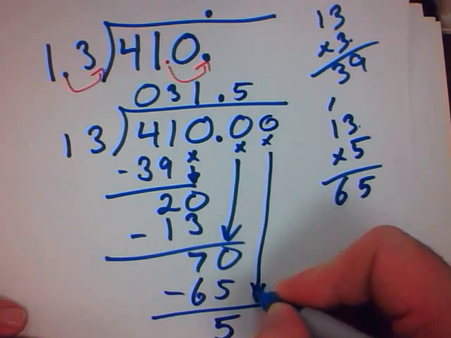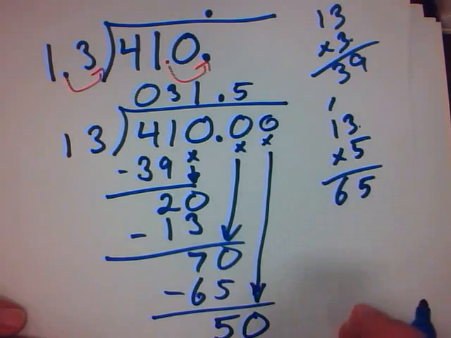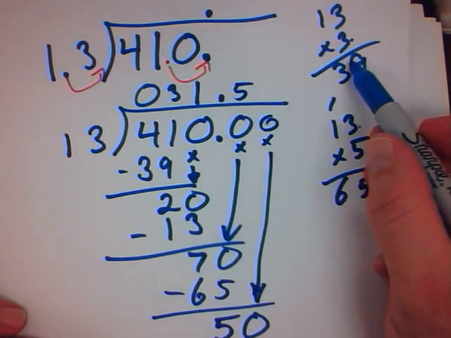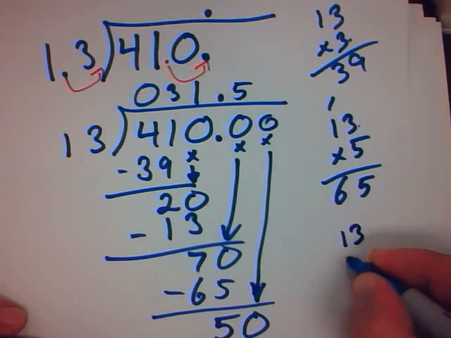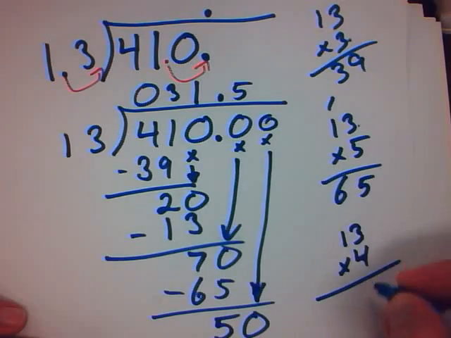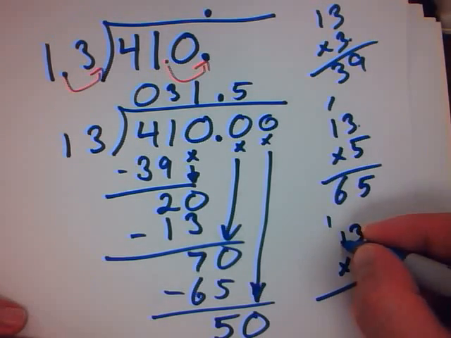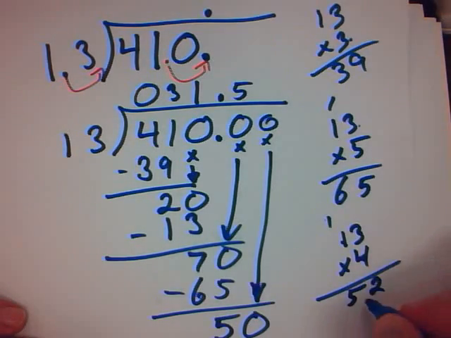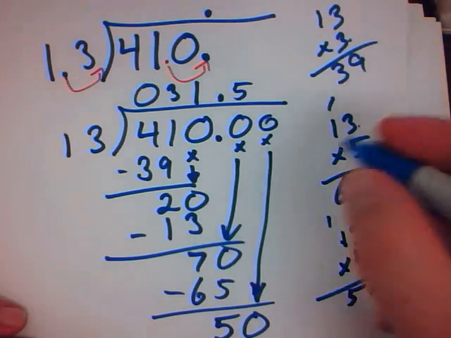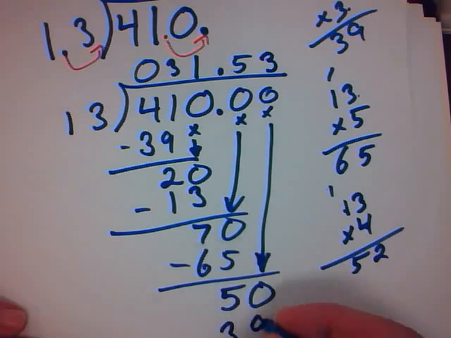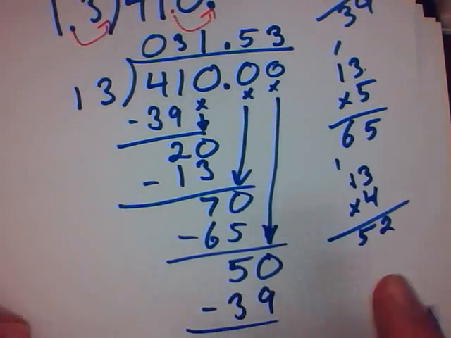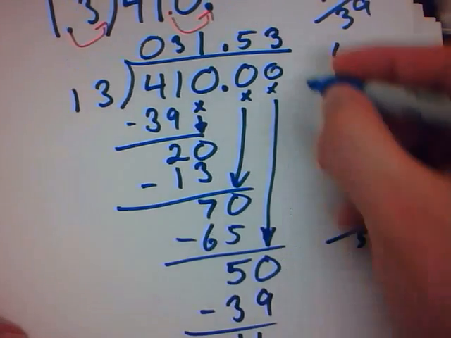Bring that down. 50. 39 is too low. 65. Better try one in the middle. 13 times 4. 3 times 4 gives me a 12. 4. 52. Oh, that's too much. So it'll be 3 again. 39. Subtract. Add another 0.